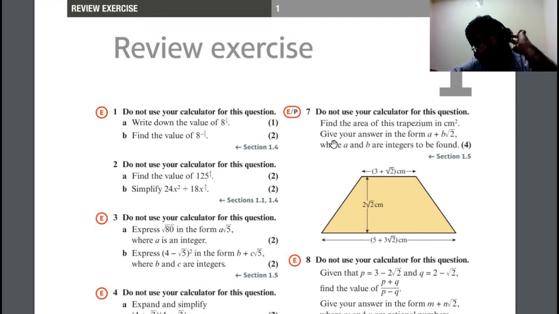So it'll be the cube root of 8 raised to the power minus 2. So it'll be 2, and then 2 raised to the power minus 2, which is 1 by 4. Okay. Do not use calculator.